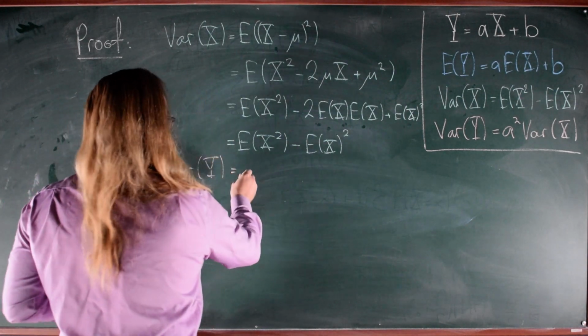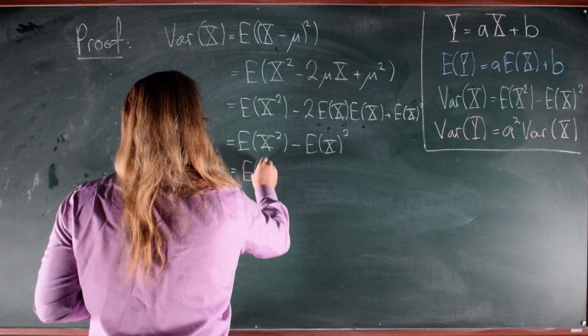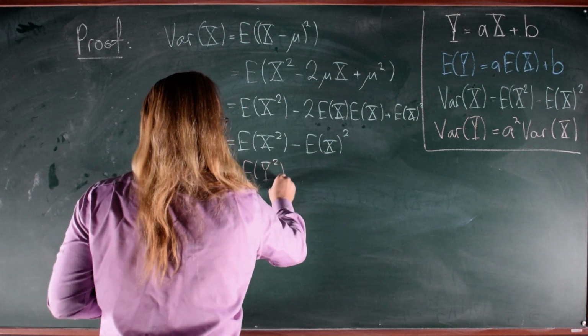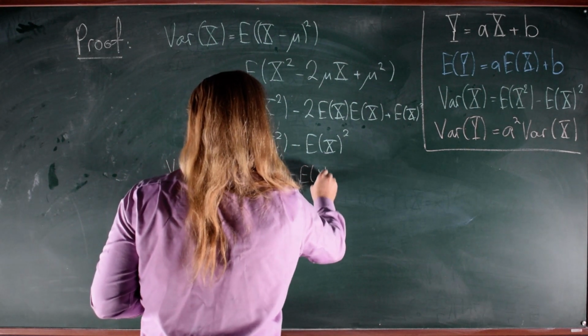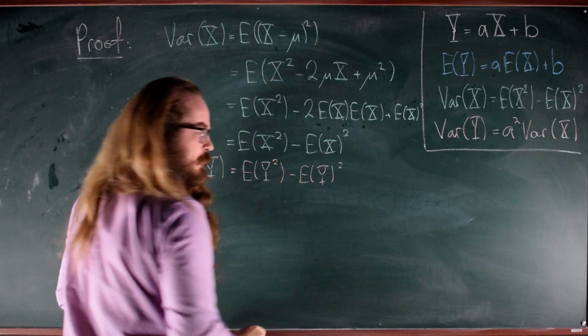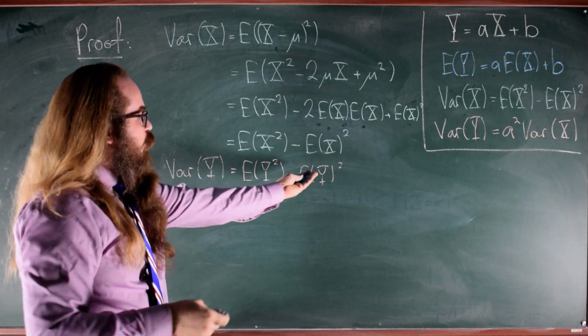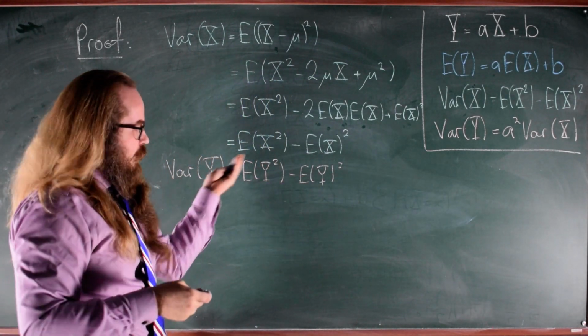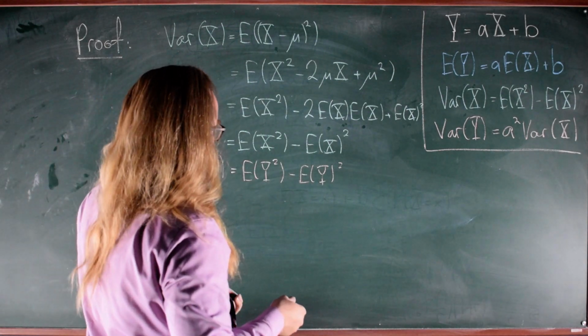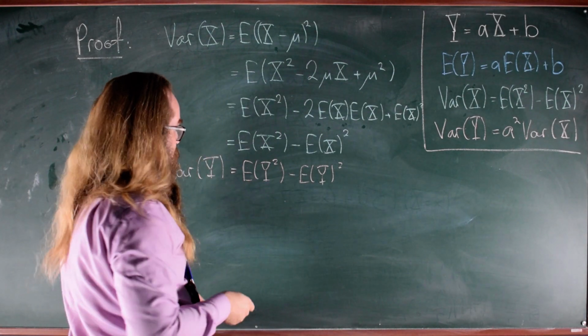Well, it's the expected value of y squared minus the expected value of y, squared. I know it sounds weird, but hopefully from when I'm writing, the context makes the meaning clear.